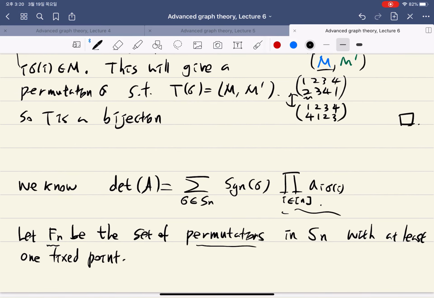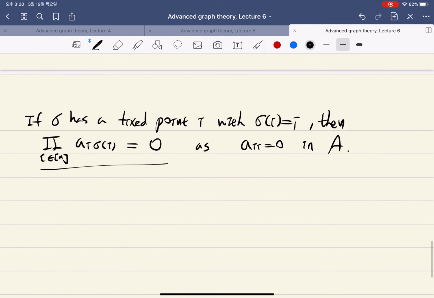So when we compute the determinant, it's running over all permutations, but we can forget the permutations in Fn.